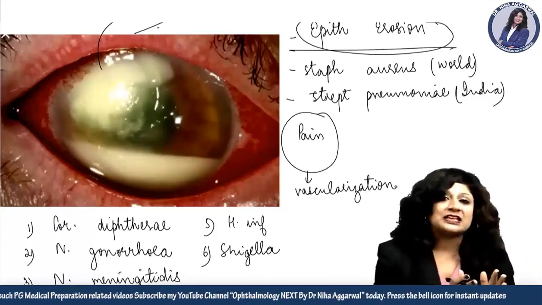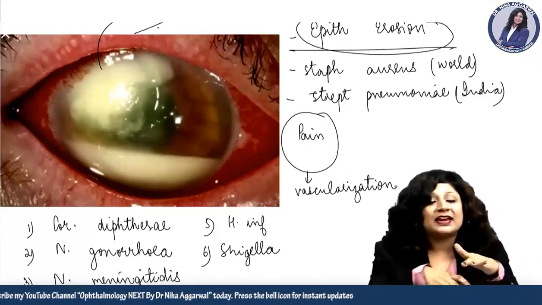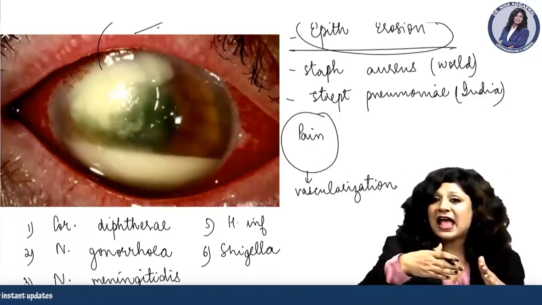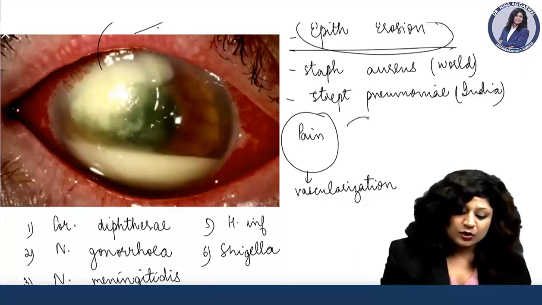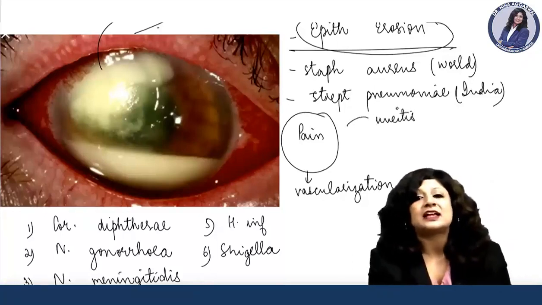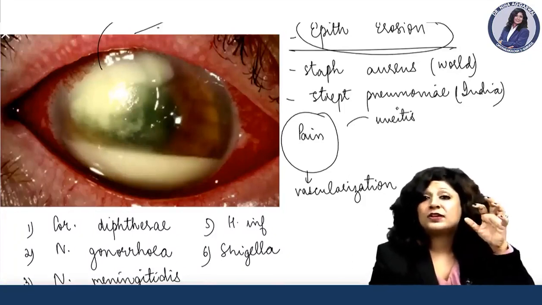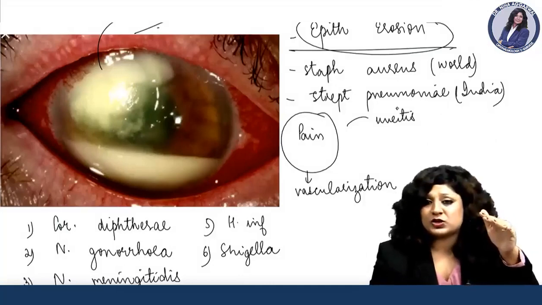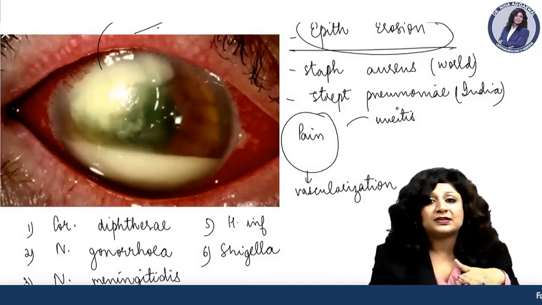Now these bacteria, when they are invading and going inside into the different layers of the cornea, as they reach inside, they can also cause uveitis. Uveitis means iridocyclitis. When the inflammation is going to the deeper layers, there is active ulceration from the superficial layers to the deeper layers.